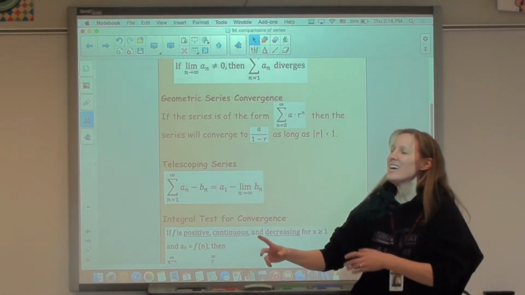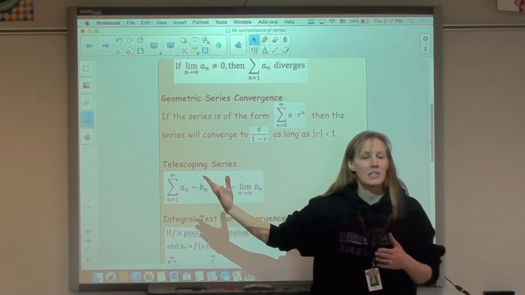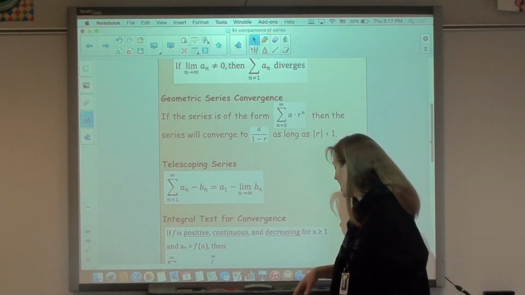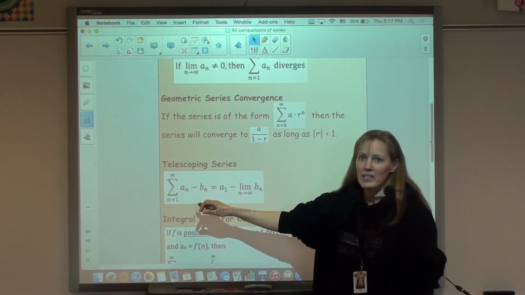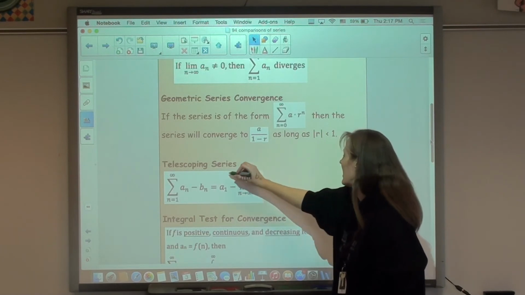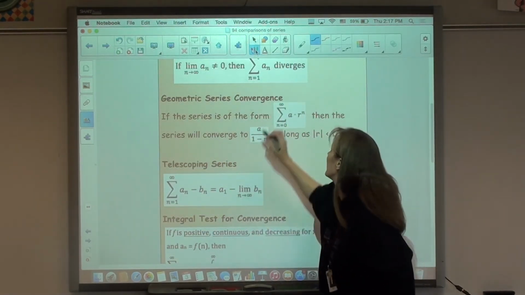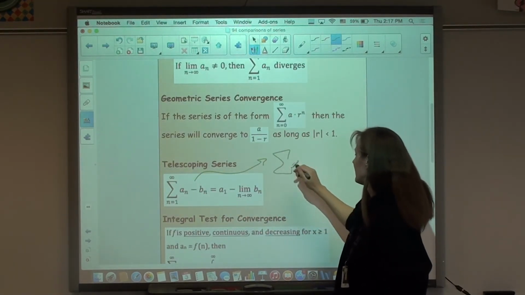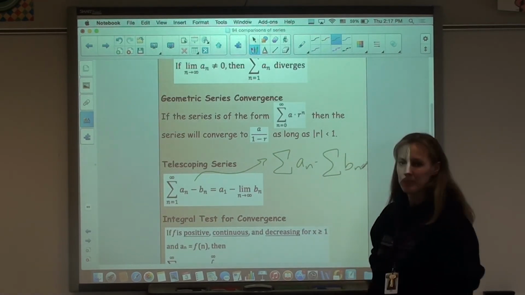So anyway, yesterday I was telling you that when you have a sum, remember that the sum of a sum is the sum of the sums, right? So if I have the sum of a sum or difference, then this is the same thing as the sum of a sub n minus the sum of b sub n, right?